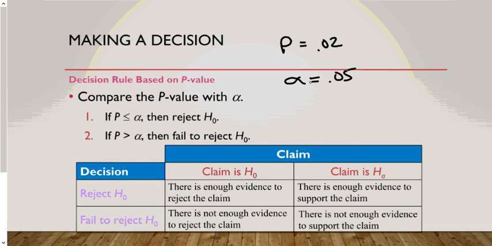If instead we got a p of 0.12, notice this is larger than our alpha, we did not get a value that was more extreme than this. So therefore we would fail to reject.